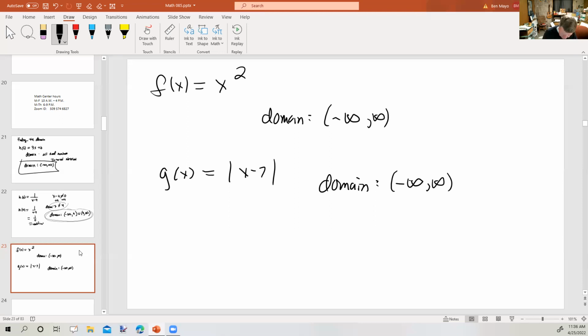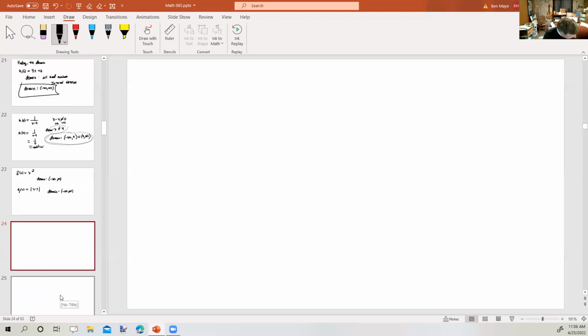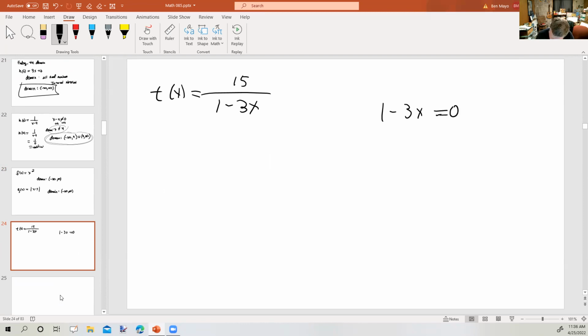What about this one? T of x equals 15 over 1 minus 3x. Well, when would that be 0? If we add 3x to both sides, we get 1 equals 3x, divide by 3, x equals 1/3.